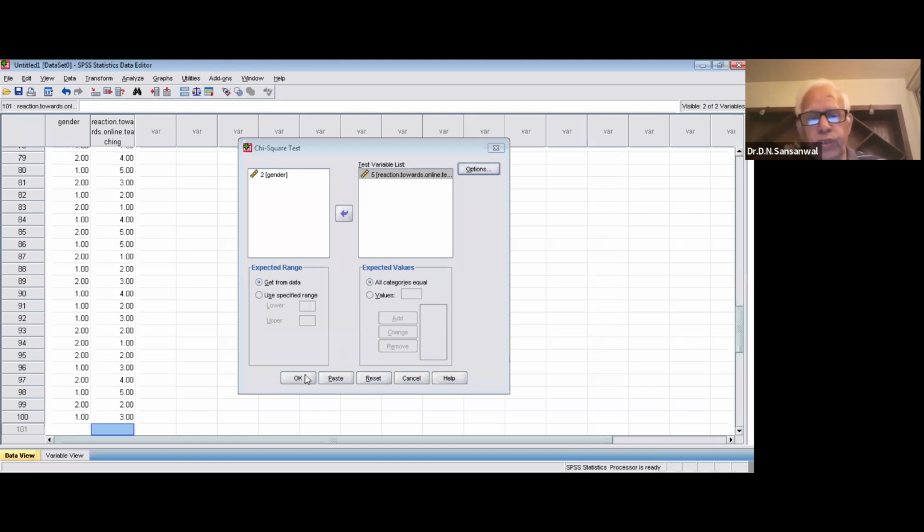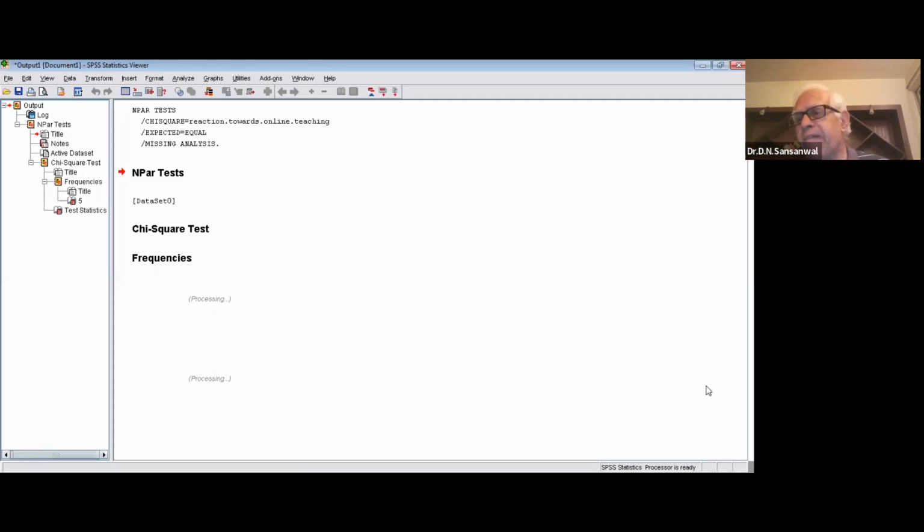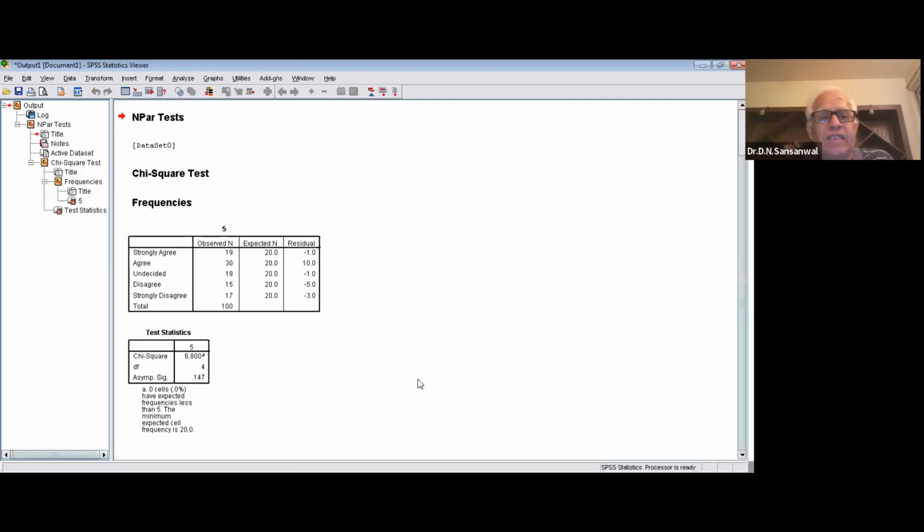And if you use this, then here is your result. There are 19 people in strongly agree, agree will be 30, undecided 19, disagree 15, and strongly disagree 17.